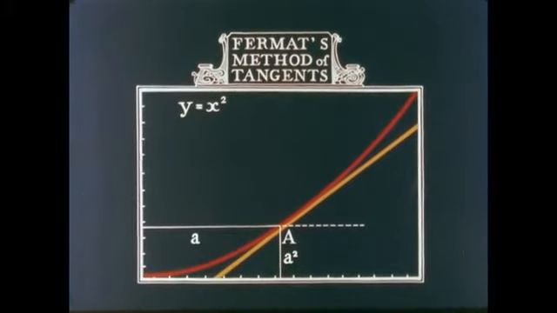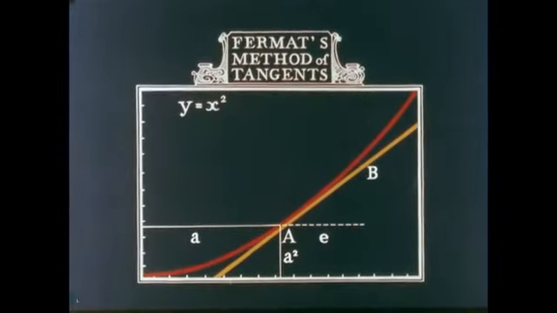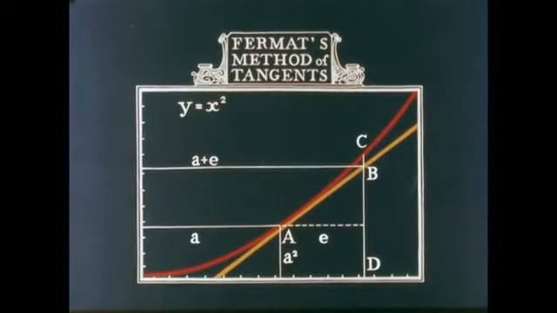Take a nearby point B on the tangent, whose first coordinate is a plus e. Since the point B on the tangent lies below the point C on the parabola, we know that BD is less than CD, and CD is equal to a plus e all squared.